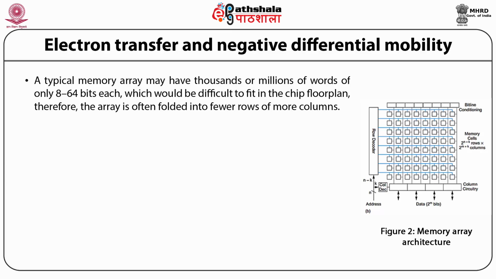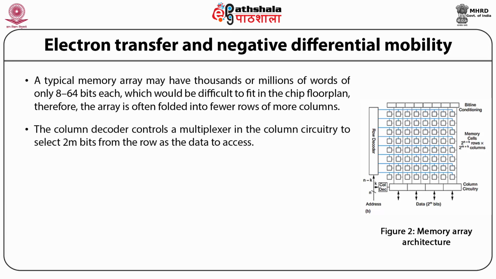After folding, each row of the memory contains 2^k words. So the array is physically organized as 2^(n-k) rows of 2^(m+k) columns or bits. Now part B of this figure shows a two-way fold with 8 rows and 8 columns.